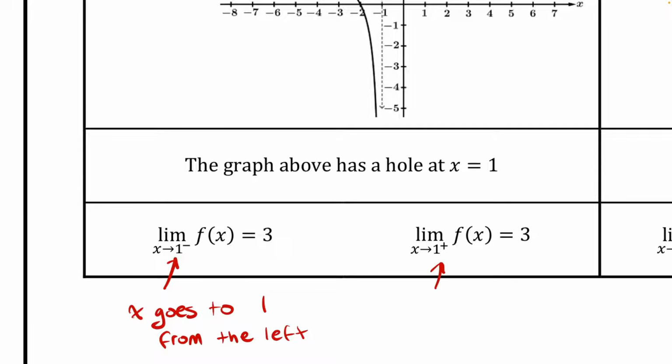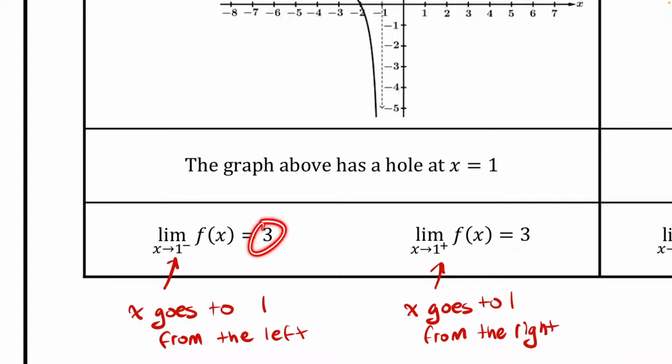And this one is saying x goes to 1 from the right. That's what these powers of minus sign and plus sign really mean.